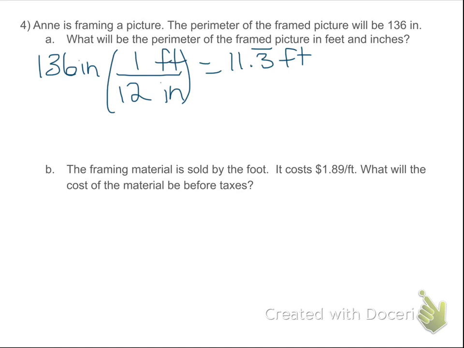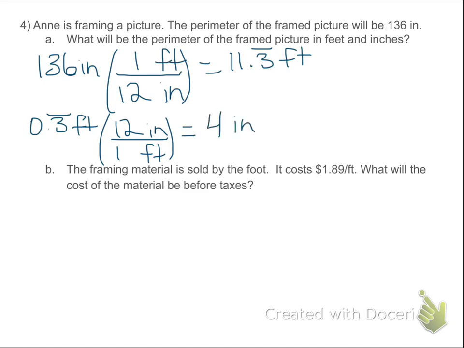So subtract 11 in your calculator, and then you get that entire repeating decimal that we want to convert back to inches. So 1 foot is 12 inches, 0.3 repeating times 12 ends up being exactly 4 inches. So what is the perimeter in feet and inches? The perimeter is 11 feet and 4 inches. Remember, perimeter is all the way around the outside of a frame or of any shape.